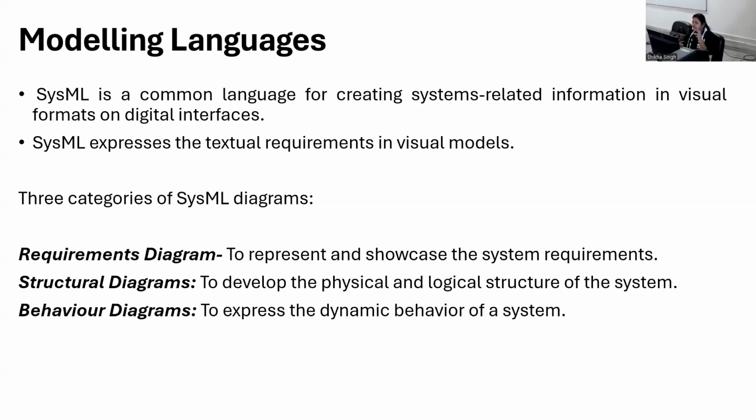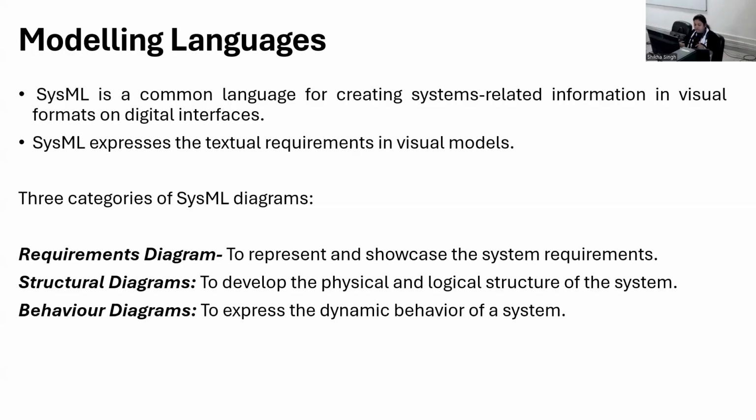So the three categories of SysML models are requirements diagram, then the structure diagram, and then the behavior diagrams. Requirements diagram, as the name clearly tells, will be just showcasing the requirements. Textual requirements will be converted into the models, right? Or we can say the diagrams. Then the second is the structure diagrams.